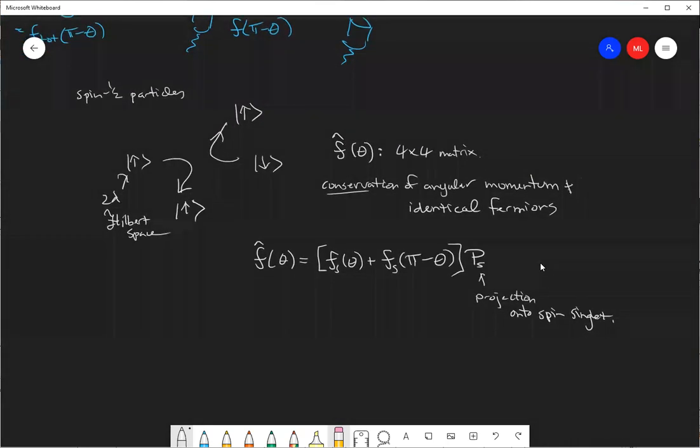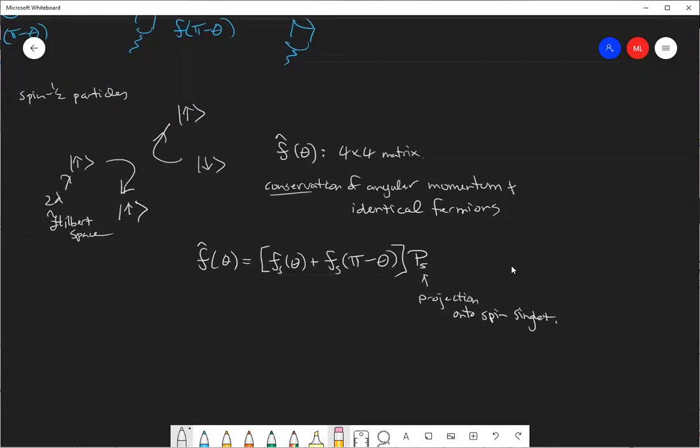But that's, of course, not the only possibility. The other possibility is that the particles are in the triplet state. So the other possibility is that you have a scattering amplitude associated with the triplet state. In that case, the triplet spin state is symmetric. So the spatial part has to be antisymmetric to make the whole thing antisymmetric.